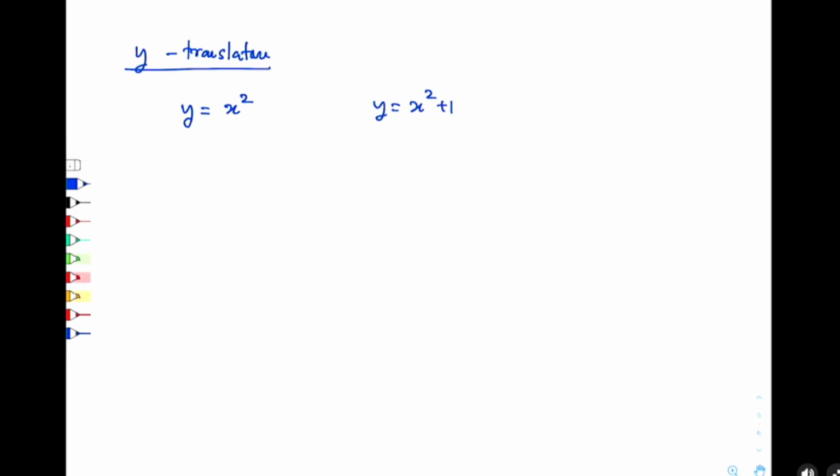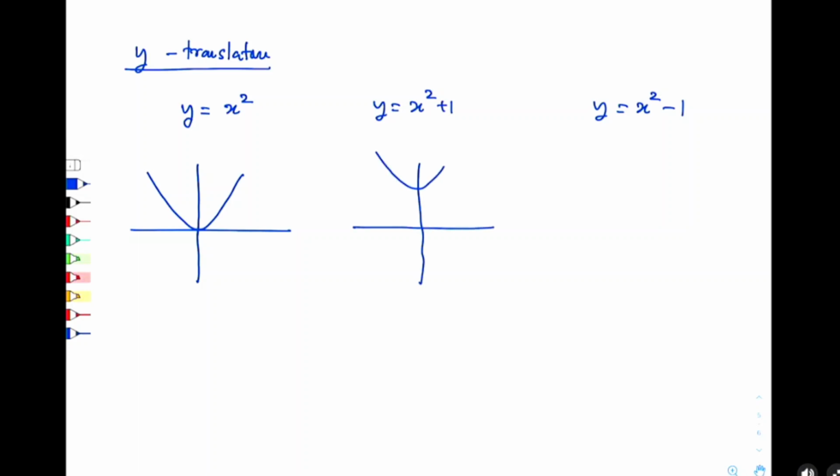You will see that y is equal to x squared is like this, but y is equal to x squared plus 1 would be like this. 1 is here. y is equal to x squared minus 1 looks like this. Minus 1 here.